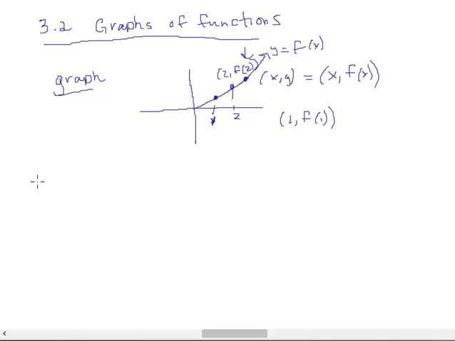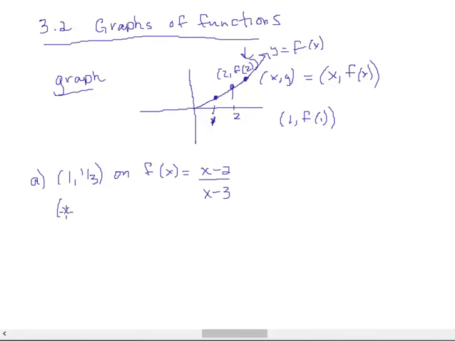So for example, if we look at letter A, it says, is the point (1, 1/3) on the graph of f? And f of x is given to us as x minus 2 over x minus 3. Okay, so how do you know if this point lies on that graph?